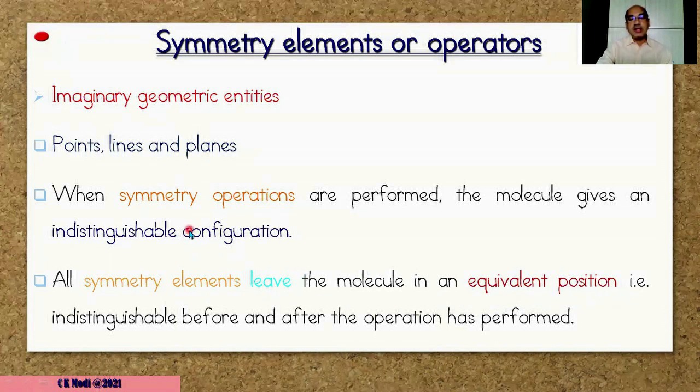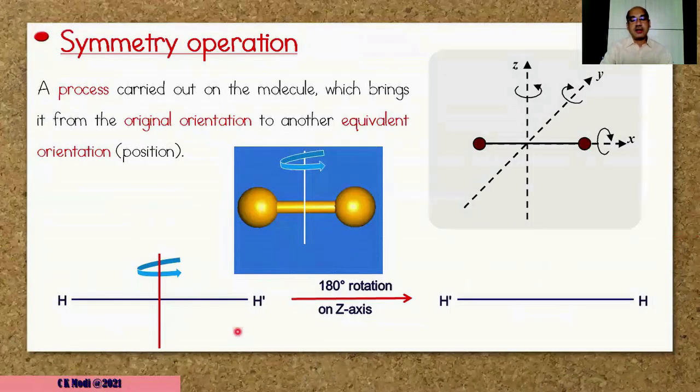Keep in mind that while performing any operation on a particular molecule, it leaves the molecule in equivalent, or indistinguishable, positions. So before and after the operation, the original structure and the new structure are equivalent.